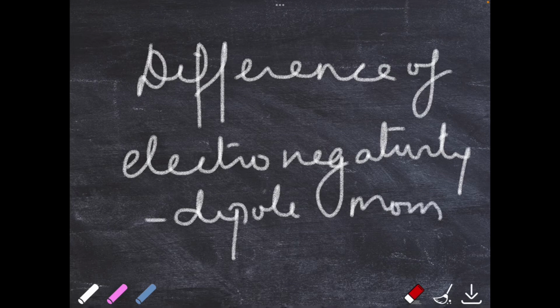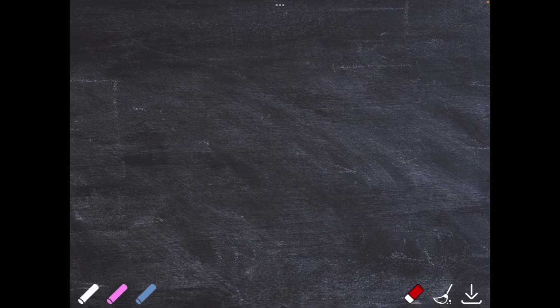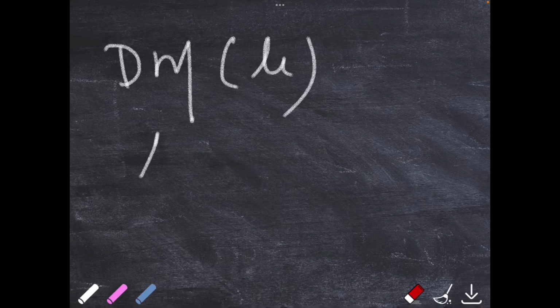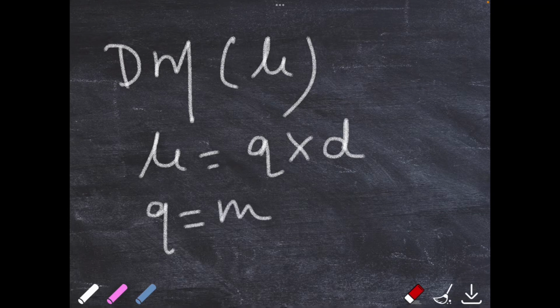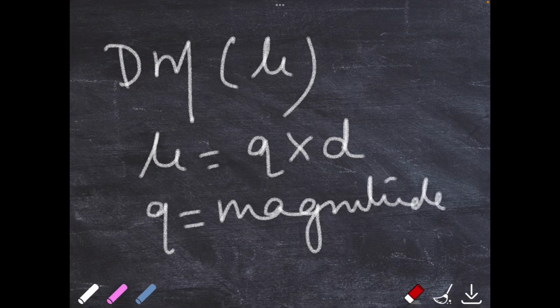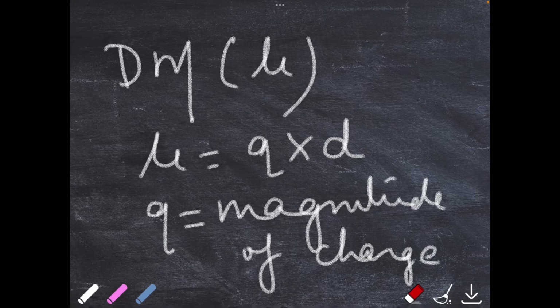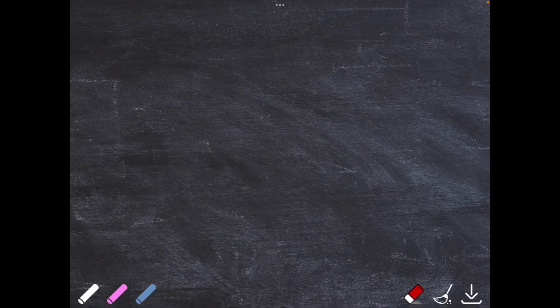Now what actually is dipole moment? What is the formula for dipole moment? Dipole moment, which I'll be writing as DM over here, is represented by mu, and this mu is equal to q into d. Here q is the magnitude of charge on a molecule, and d is the distance between the charges.